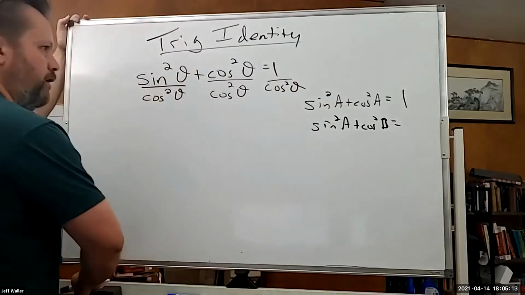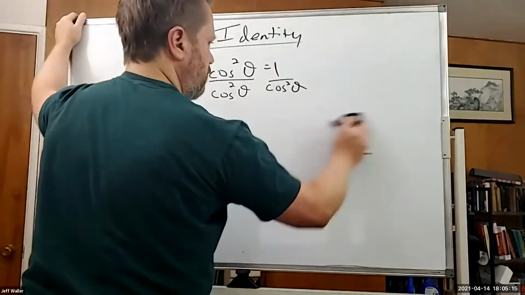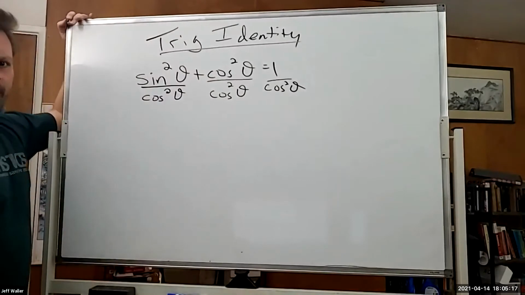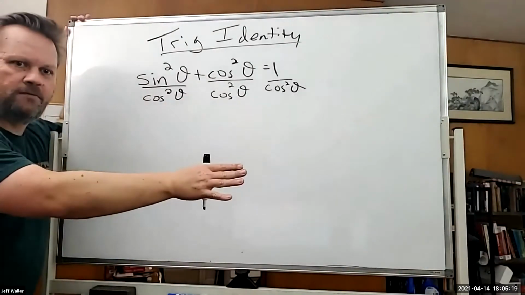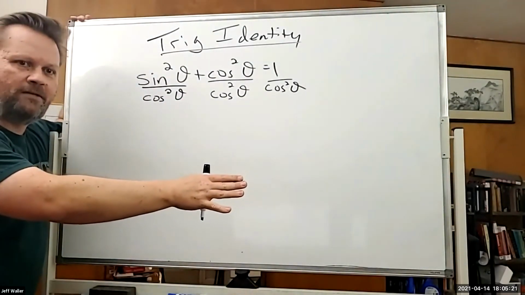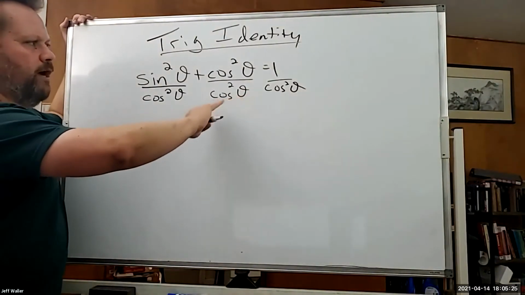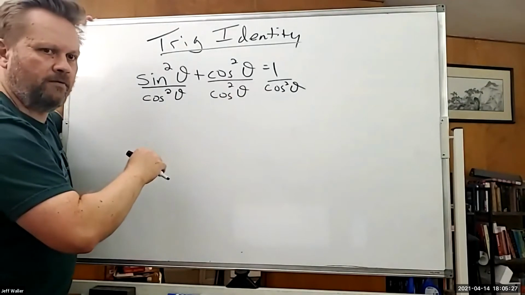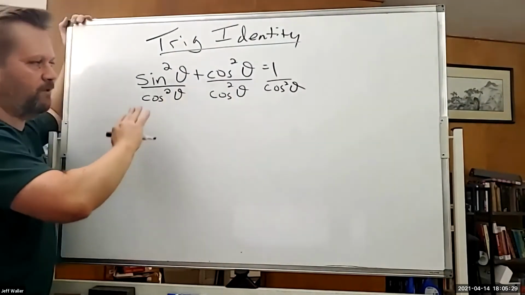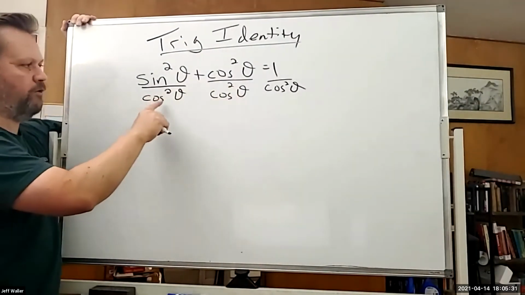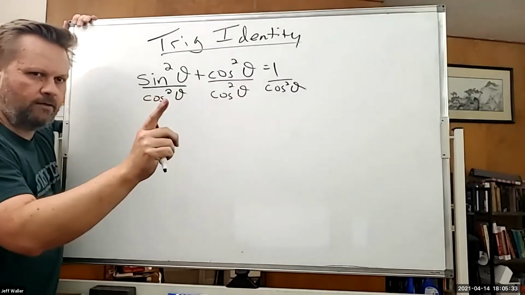Okay. Is everybody cool with what I just did? Now real quick, what angle would this not work for? There's an infinite number of angles, but wherever cosine is 0. 0, I like it.